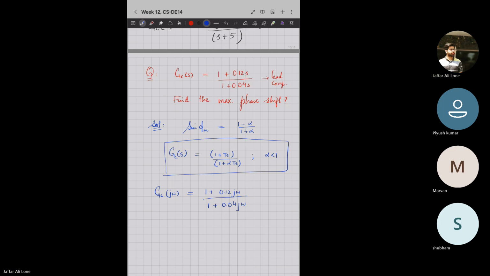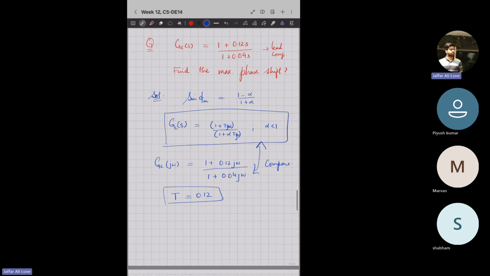If we put S as j omega, then T is 0.12, and alpha T is 0.04.